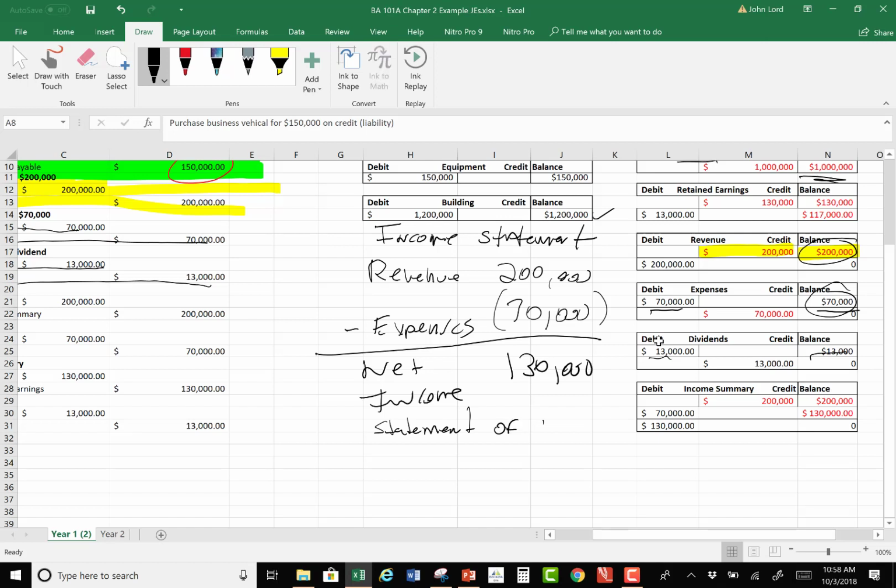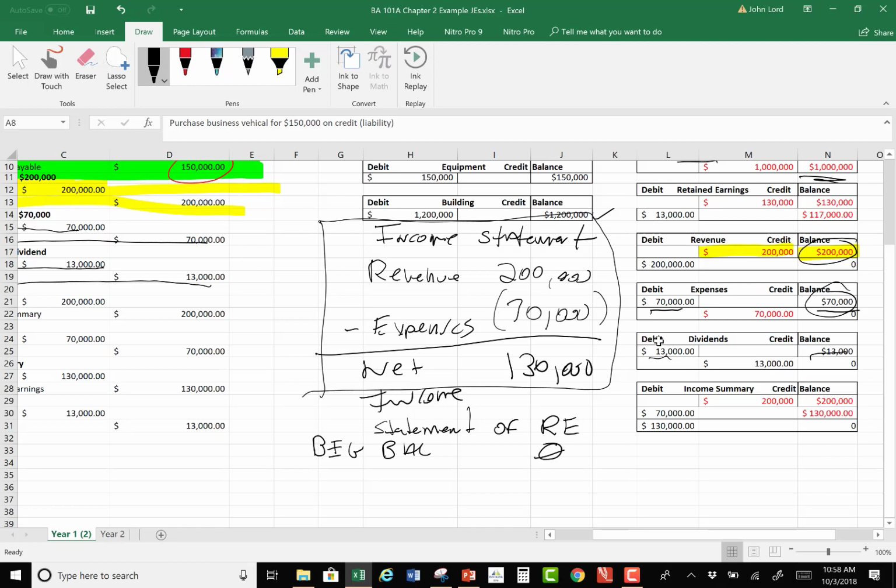of RE, retained earnings? I've got my income statement, don't I? But remember when we were looking at those statements, we looked at an income statement, we looked at a statement of retained earnings was the next statement we looked at. Okay? So when we look at our statement of retained earnings, we start with the beginning balance.